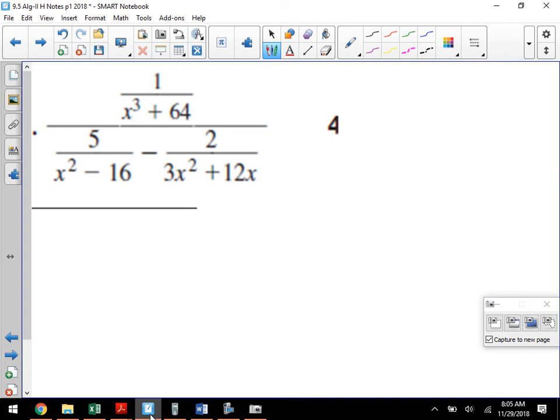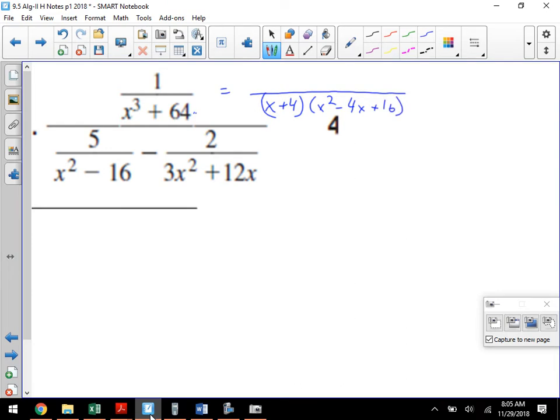So what I'm going to do is just factor this guy real quick and just write it down. You don't have to worry about any common denominators up top, but it doesn't hurt to have it there. So we'll have an x plus 4, x squared minus 4x plus 16, I believe.